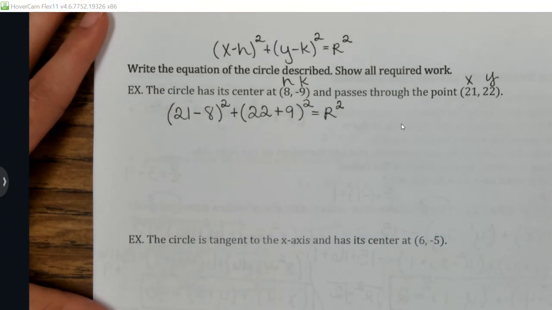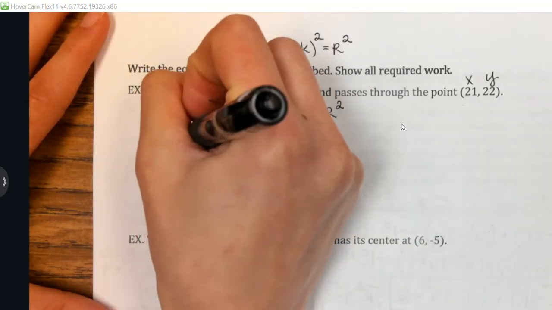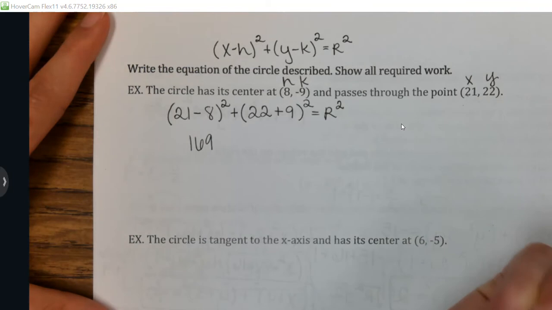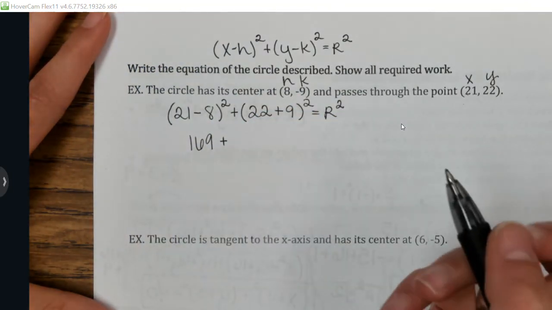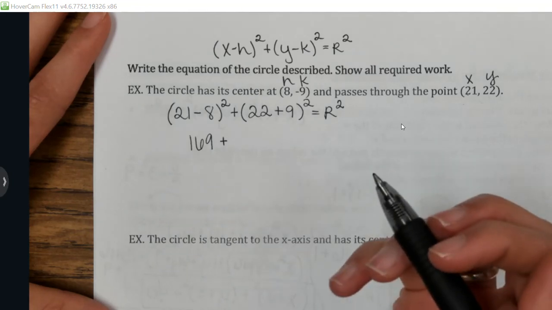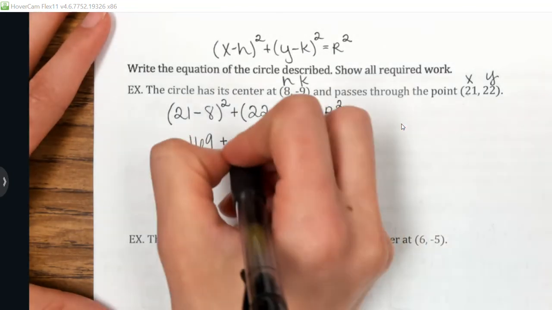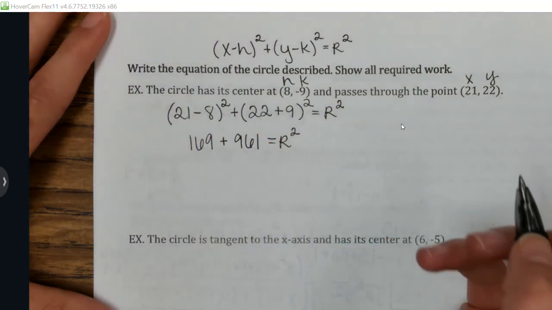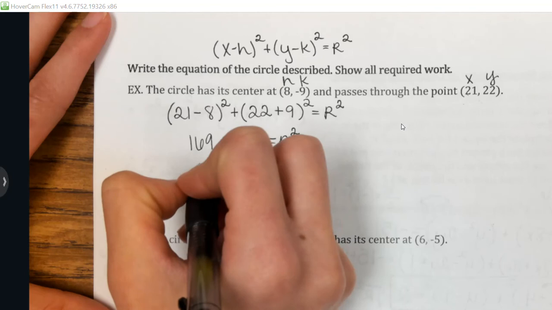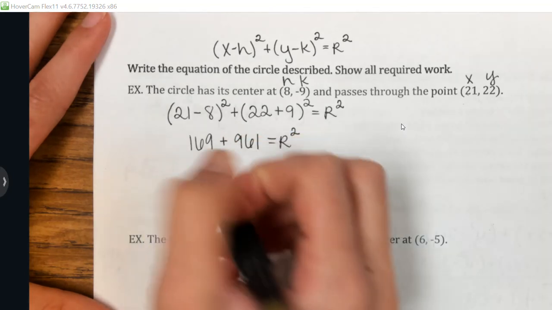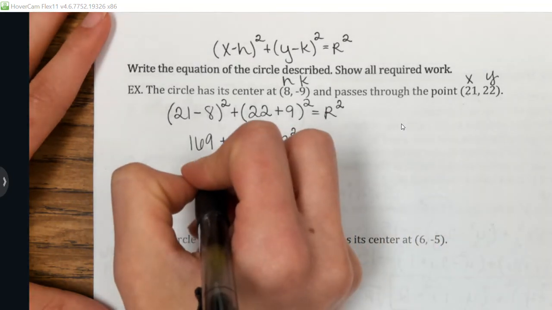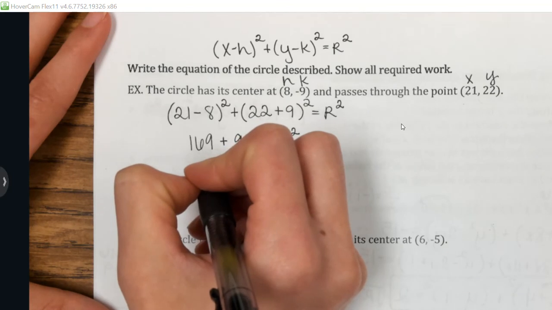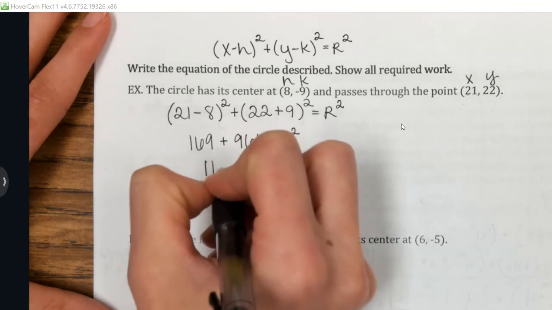What's 21 minus 8 squared? 169. Plus 22 plus 9 squared, 961. All right, what's 169 plus 961? 1,130.